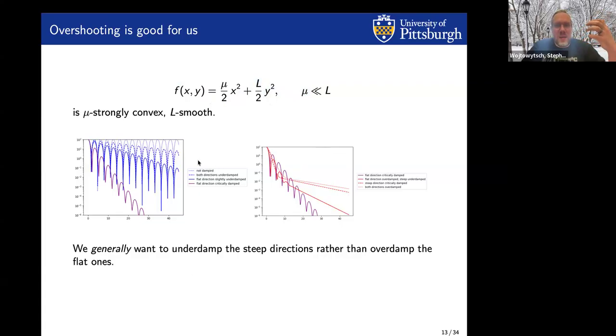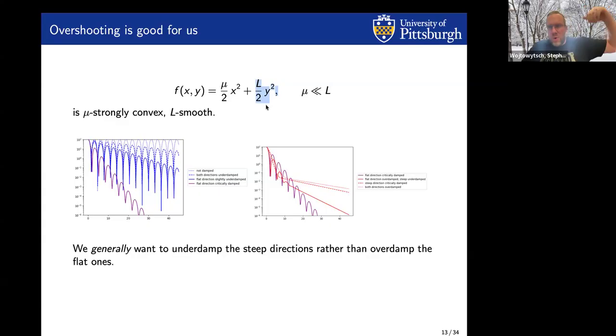And if we do the analysis, we see that we want to choose the amount of friction based on the flat direction. If we choose the friction in such a way that the dampening is optimal for the steep direction, we really, really slow our system down because we don't overshoot anymore.